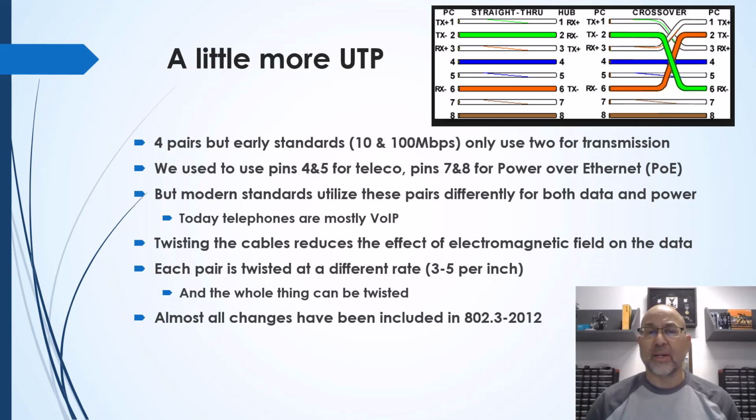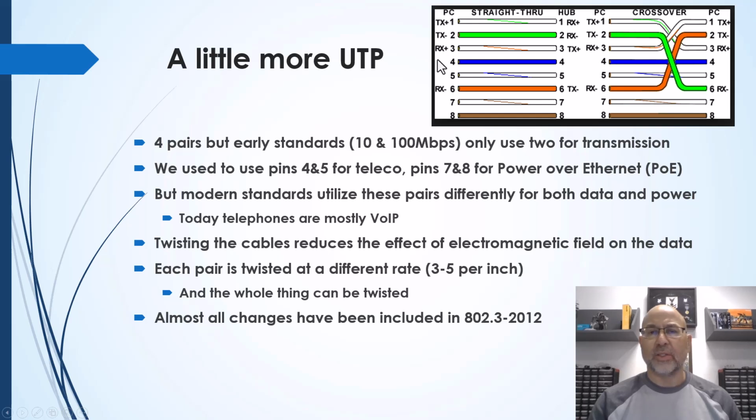We've got the green and orange pairs, and the blue and brown pairs. So there are 8 wires inside here, and it's unshielded twisted pair because the pairs are twisted. Now, in the early days, we only used two pairs for transmission. You can see those here. These are the same ones that were crossed when we talked about our crossover cable.